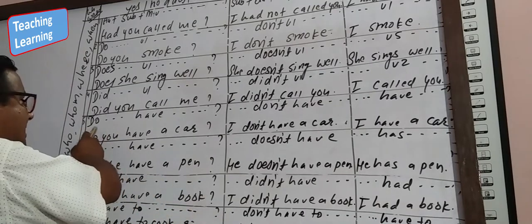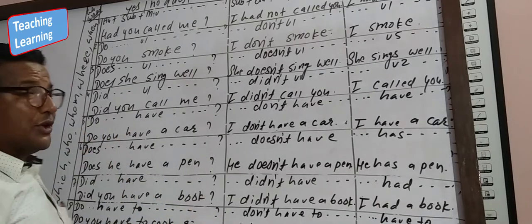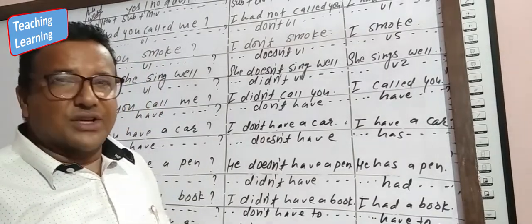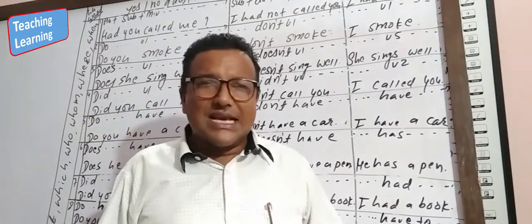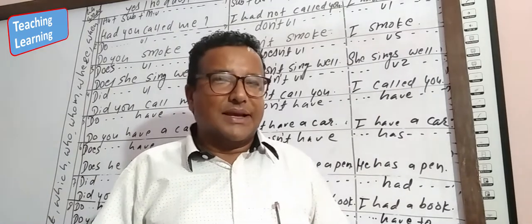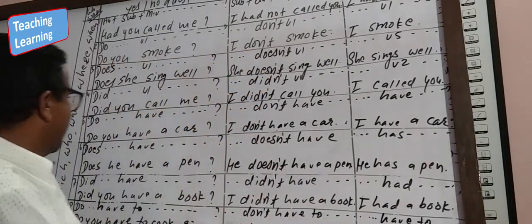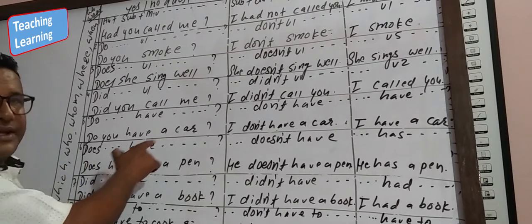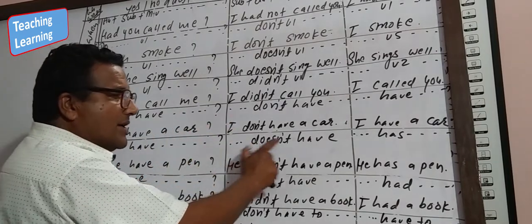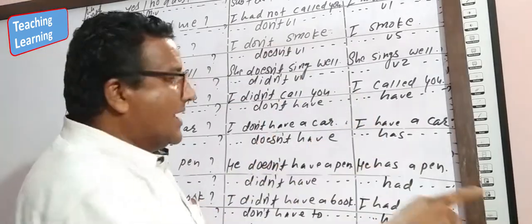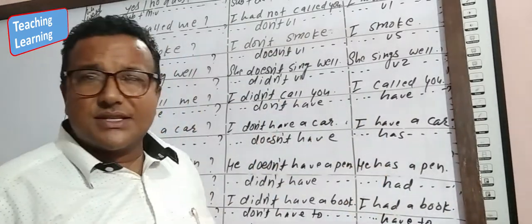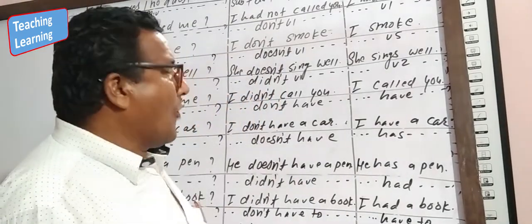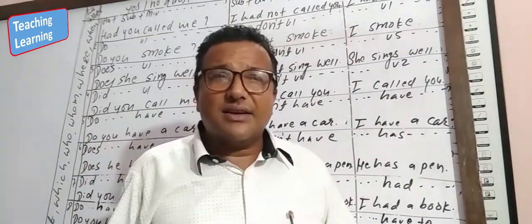If the question has started with do and have, do you have a bike? No, sorry, I don't have a bike. Yes, I have a bike. If the question has been asked with does, subject, have, then the negative answer is doesn't have, and the positive answer is has. Does Kapil have a car?